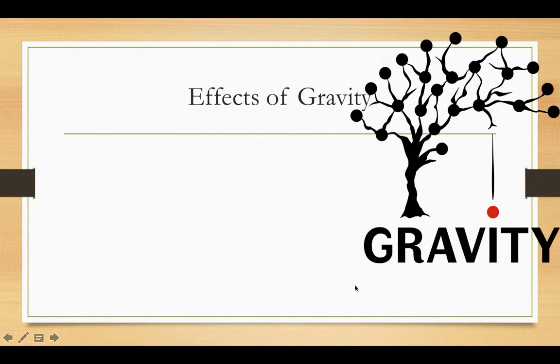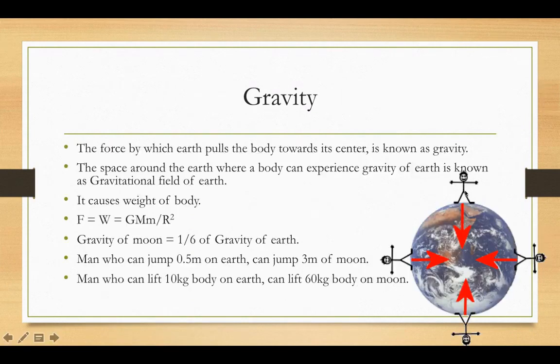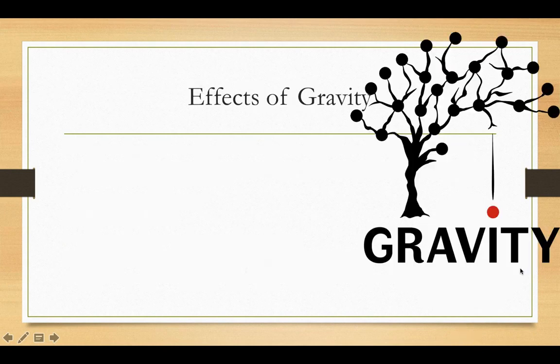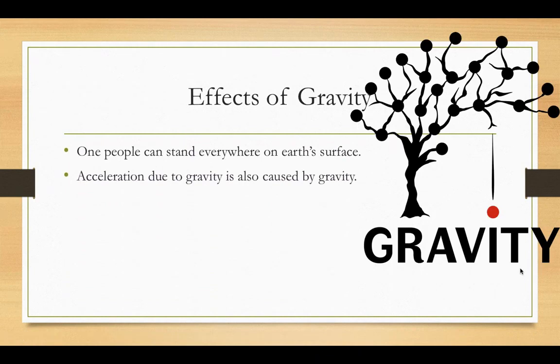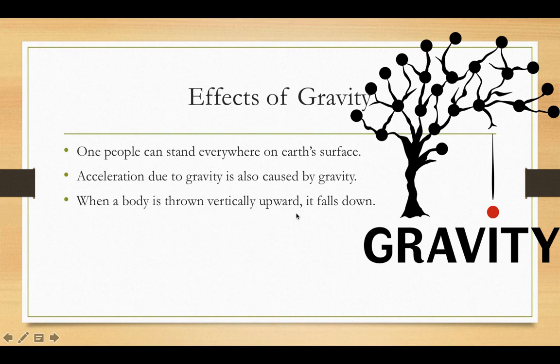Now, effects of gravity. People can stand everywhere on the earth surface. You can see in the previous diagram, because of gravity we are able to stand on the earth surface. The next effect is that acceleration due to gravity is also caused by gravity. This term we'll be discussing later. When a body is thrown vertically upward, it falls down.